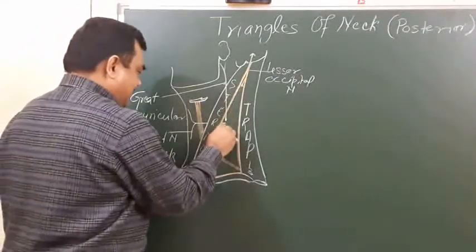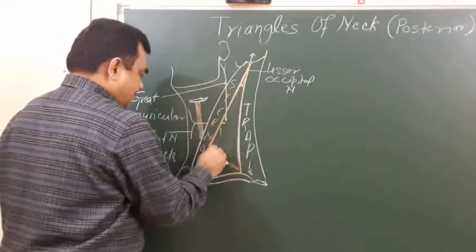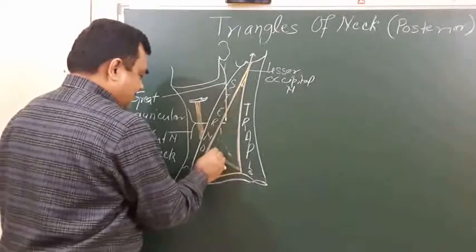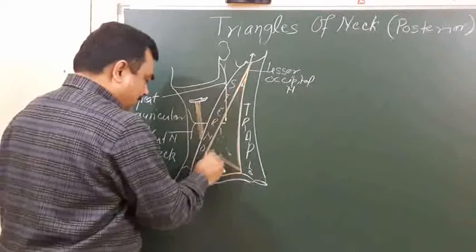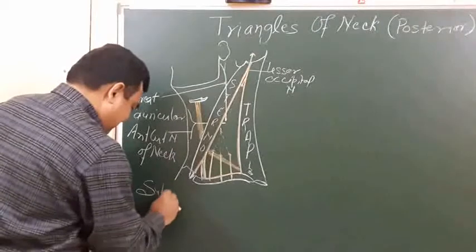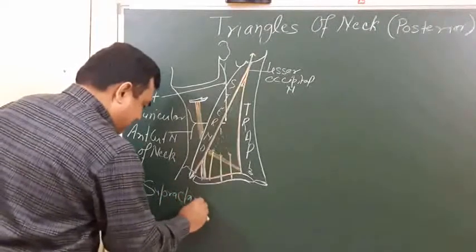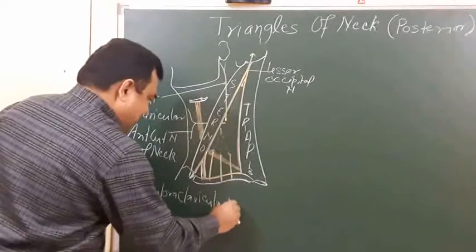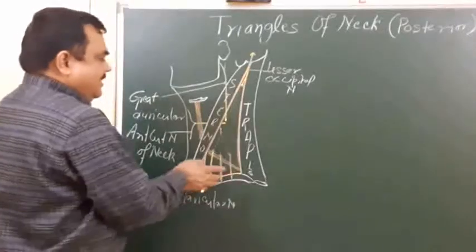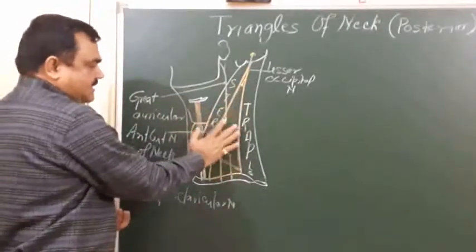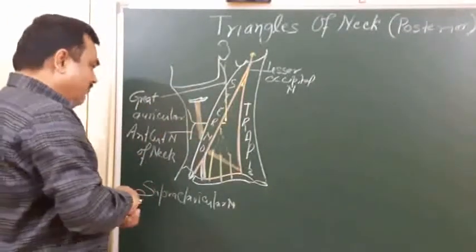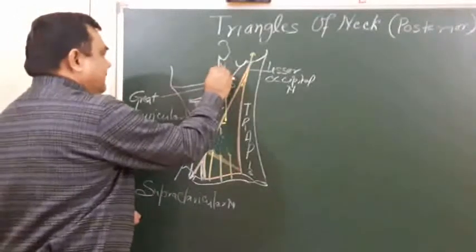Here is the supraclavicular nerve, in three branches. So here you can see there are 4 cutaneous nerves which lie in the superficial fascia, and 1 vein.